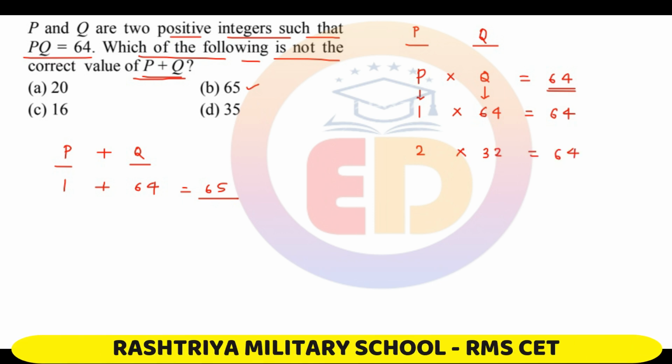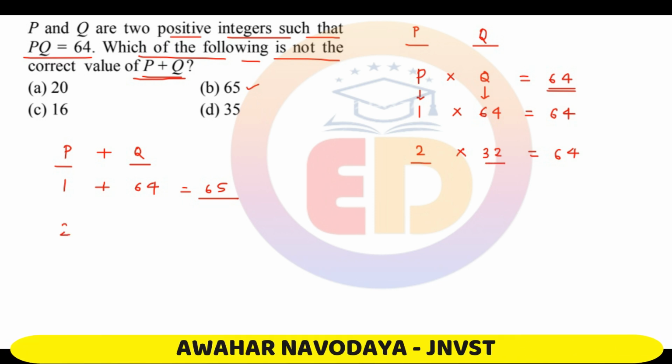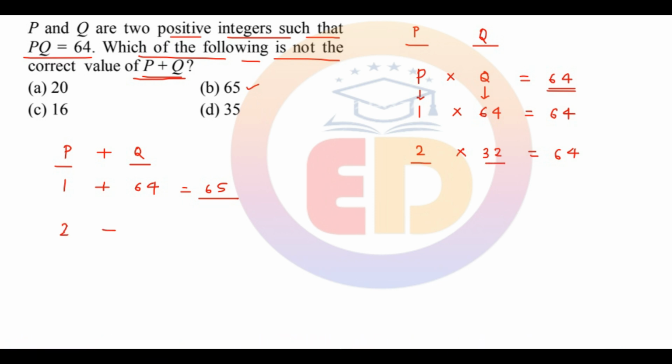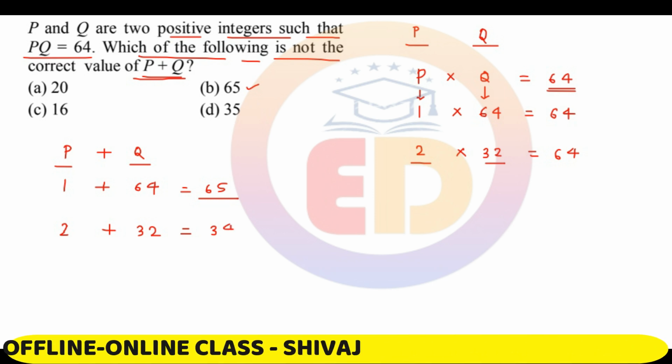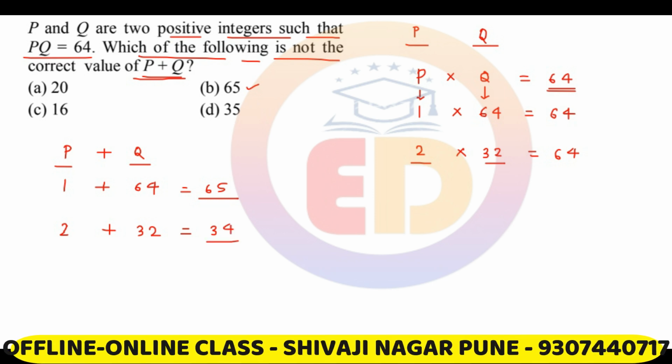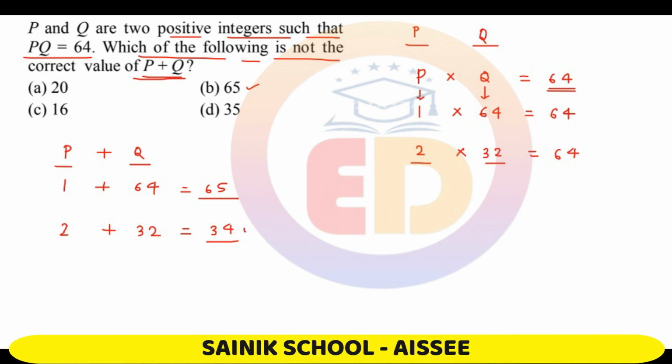So value of P can be 2, value of Q can be 32. Let us do P plus Q means 2 plus 32. 2 plus 32 is 34. So 34 can also be a possible value for P plus Q.